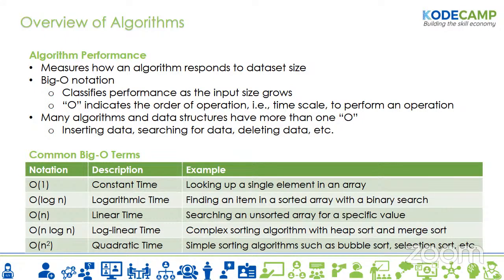Now, the O there indicates the order of operation. That is the time scale to perform an operation. Many algorithms and data structures have more than one O, because their operations might have a nested function or operation.